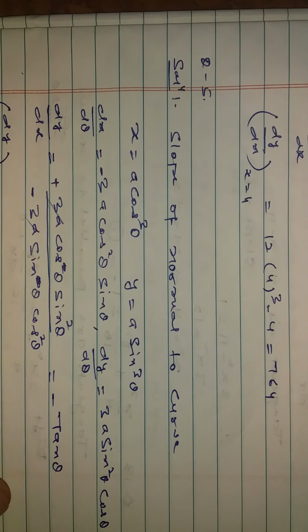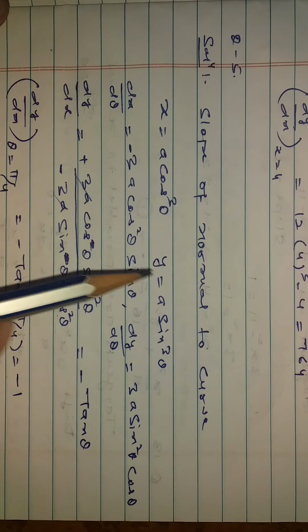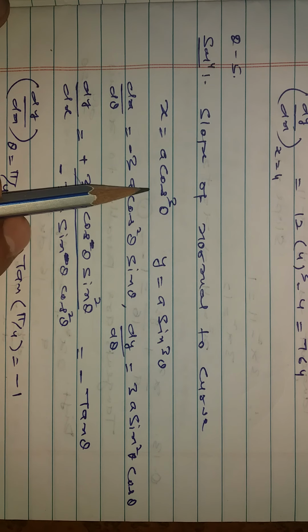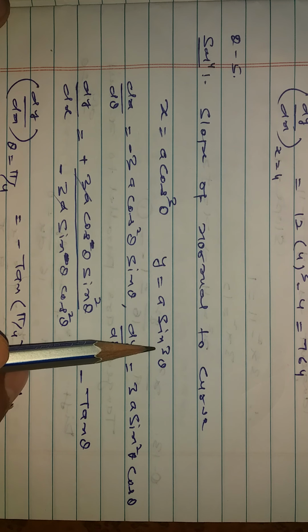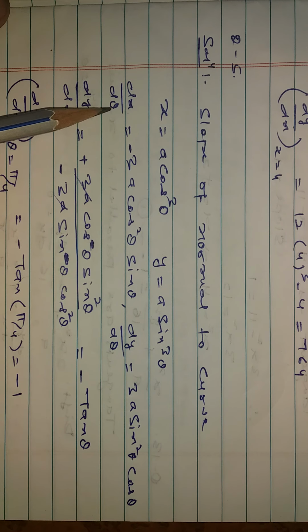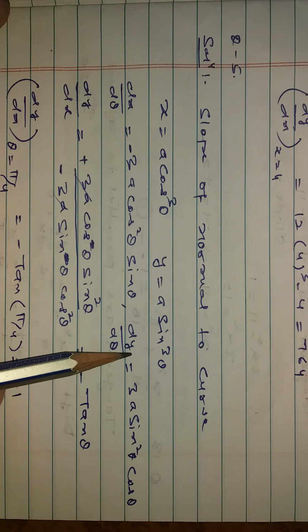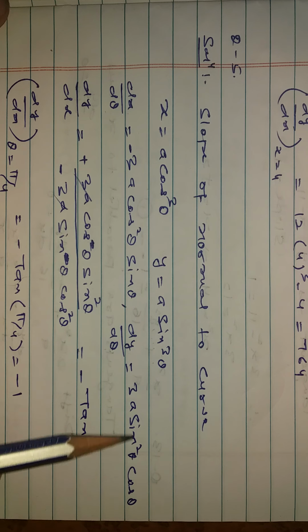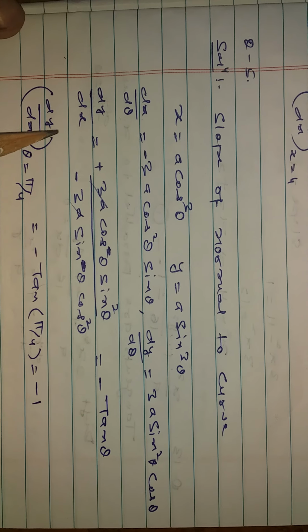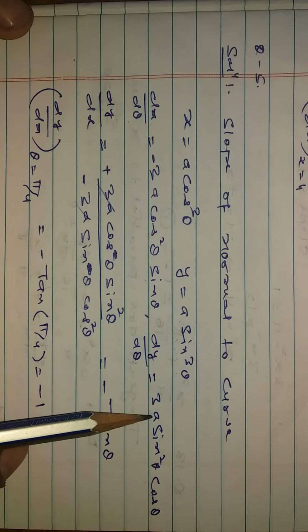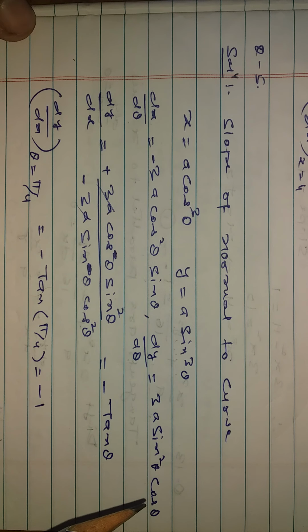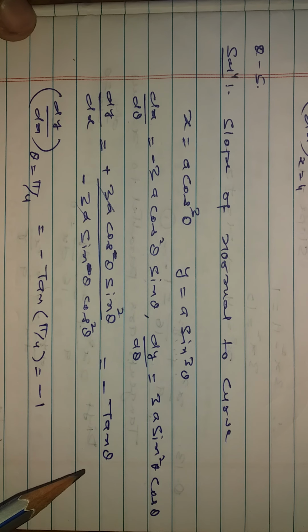Then question number 5: we have to find the slope of the normal to the curve. Now x is given as a cos cube theta, y is given as a sin cube theta. So we will calculate dx by d theta and dy by d theta, which is 3a sin square theta cos theta, and the derivative of x is minus 3a cos square theta sin theta. Then dy by dx, we will divide this by this. After cancelling it is minus tan theta. Now we have to calculate the slope at theta is equal to pi by 4.